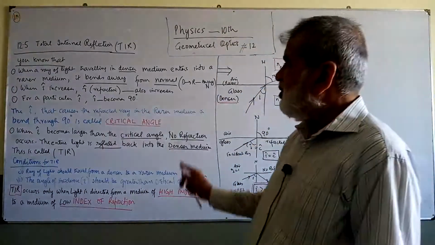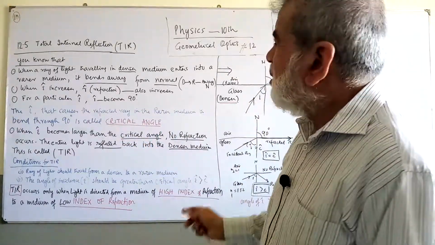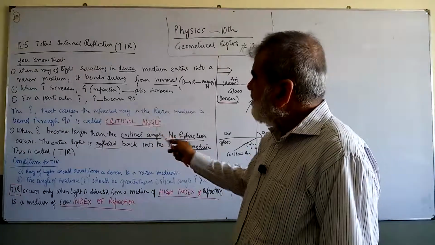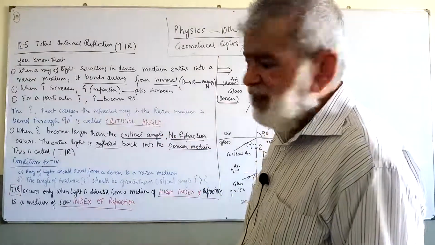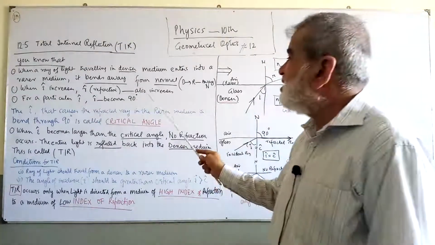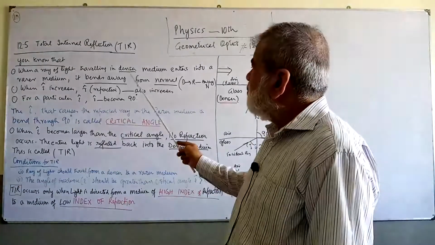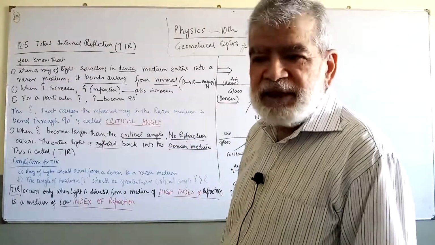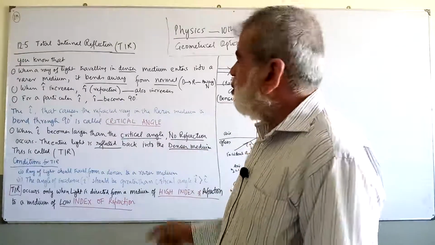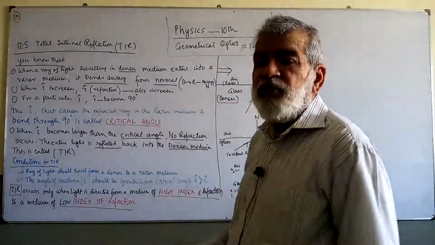Number one, it is one of the laws and one of the phenomena of refraction: a ray of light traveling in a denser medium. कोई भी dense medium कौन सा होता है? जिसका refractive index दूसरे medium की निस्बत कुछ ज़्यादा होता है. जैसे you have the medium of glass and you have the medium of, say, oil, or a medium of transparent plastic, or a medium of water.